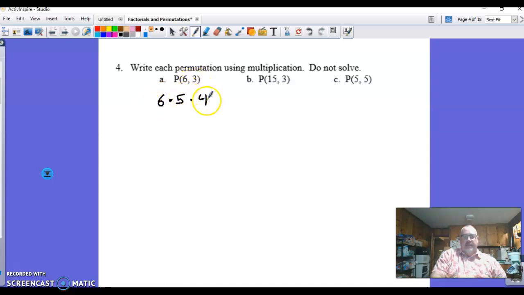So it'd be 6, 5, 4. 30 times 4 is 120, or 20 times 6. 15, 3 would be 15, 14, 13.